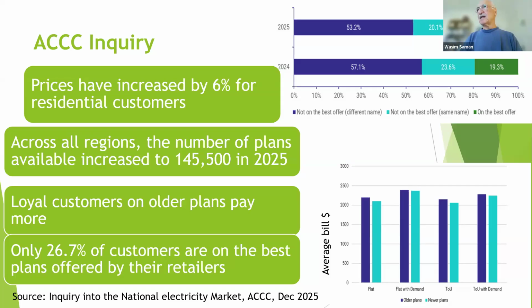And in Australia, even if we look at the providers, there are over 55 providers. Each one of them has quite a number of different plans, and it's no wonder that people are confused. Also, the inquiry showed that the prices have increased by 6% during 2025 for residential customers.